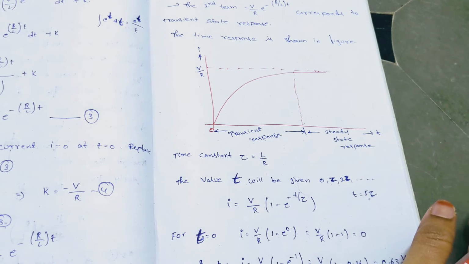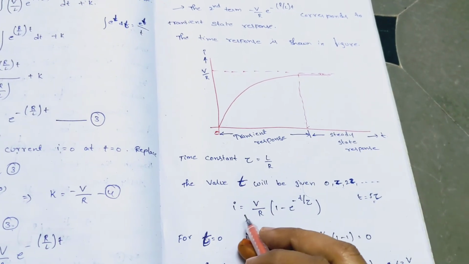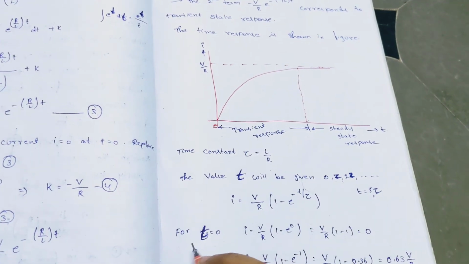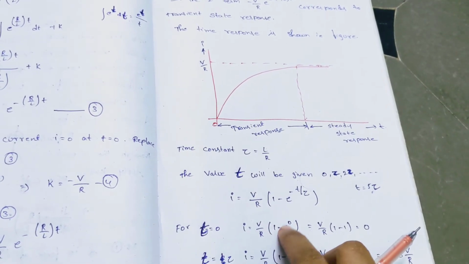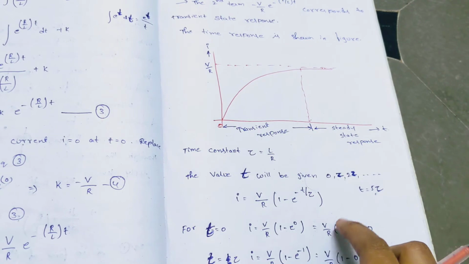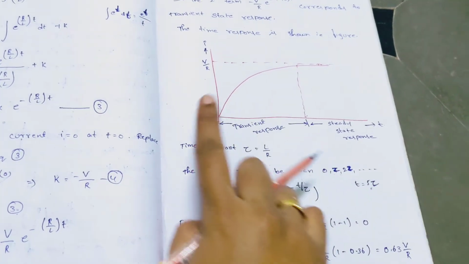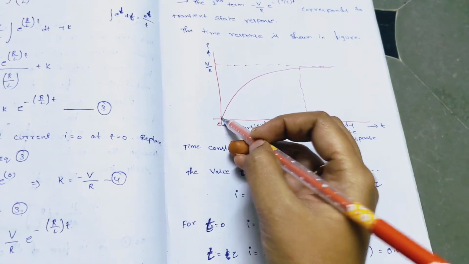If I substitute t equals 0, e power 0 is nothing but 1, so it gives the value 0. I just plot it here.